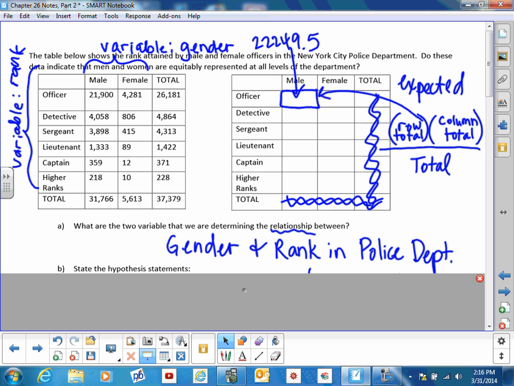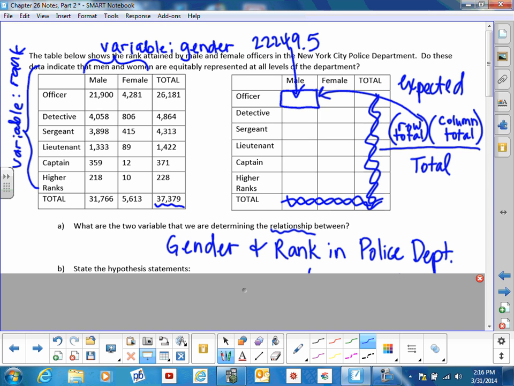I will also mention I think this problem is ambiguous and unclear as to what you're going to be able to generalize to. Because in my mind, are you going to take this information, which is made up of 37,379 officers? Do you think you're going to take that and generalize to the New York City Police Department?